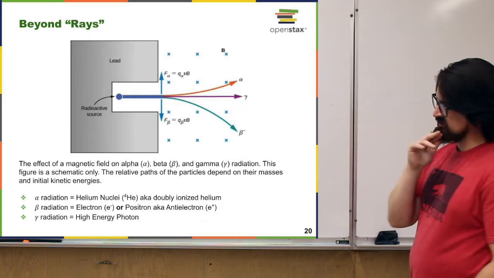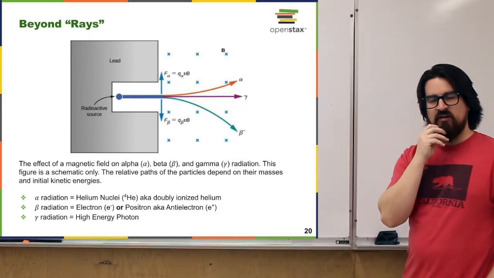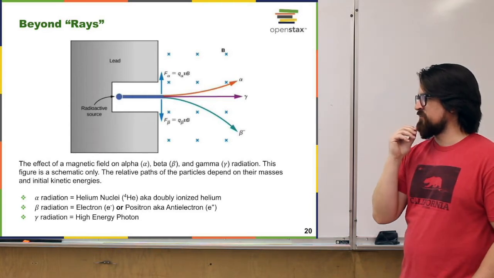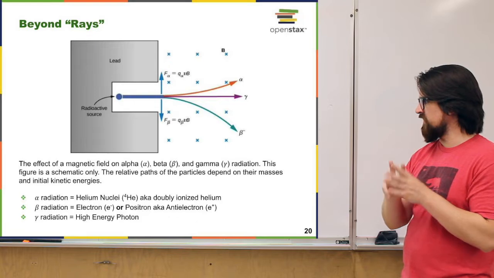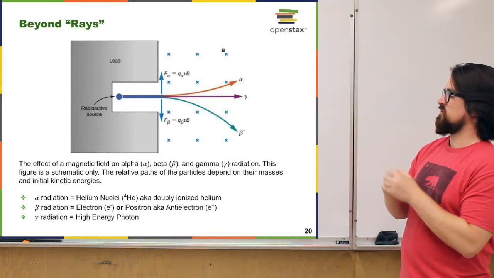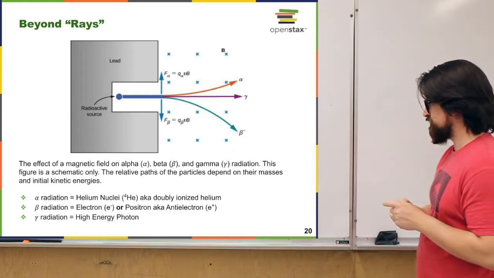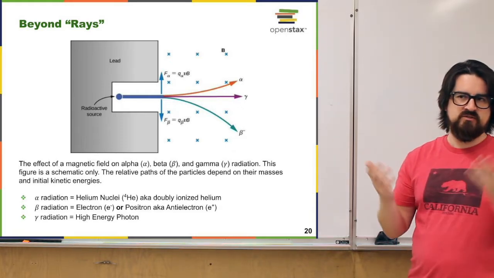This and other sorts of experiments eventually put together that alpha radiation is made up of helium nuclei. That's just standard helium nuclei, 2 protons, 2 neutrons, all the electrons stripped away, or doubly ionized helium. Beta radiation turned out to be electrons. That's it, just one electron.